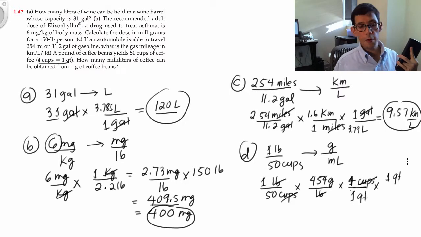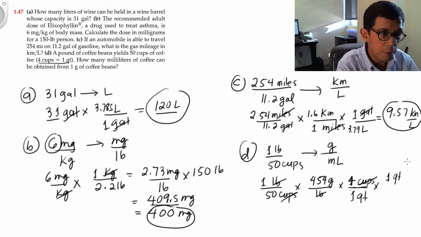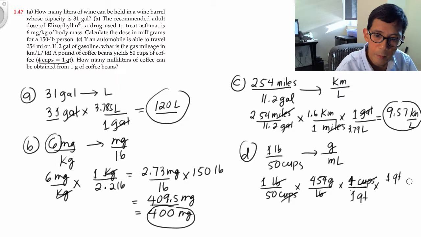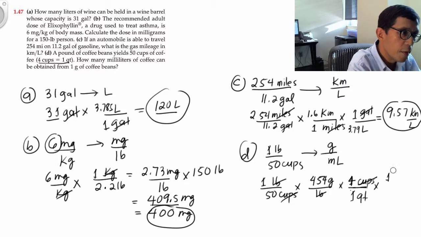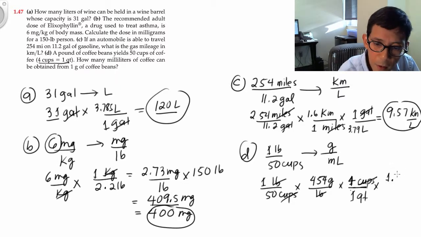In 1 liter there is 1.06 quarts. Okay, so there are 1.06 quarts in 1 liter.